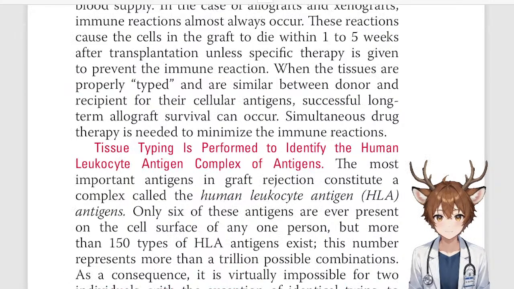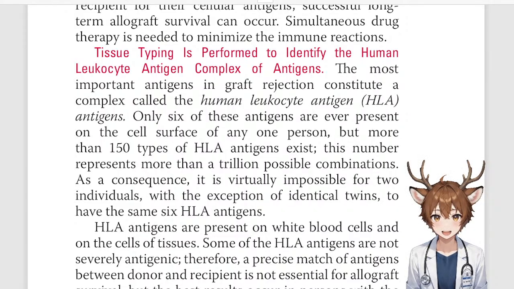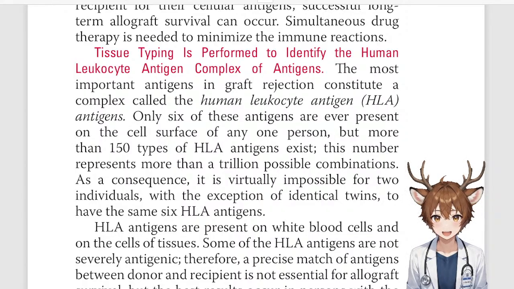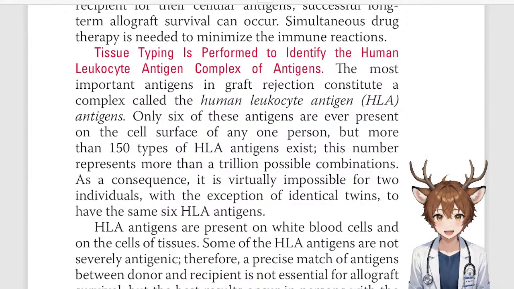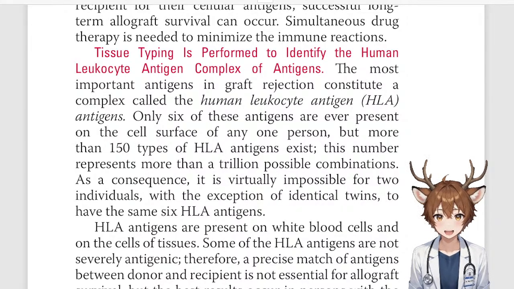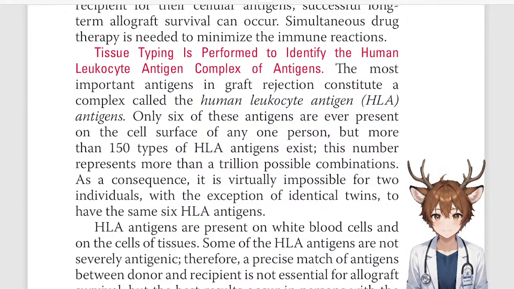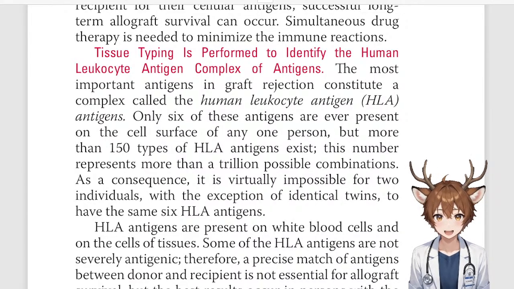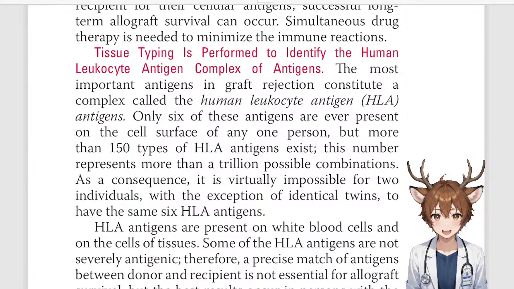Tissue typing is performed to identify the human leukocyte antigen complex of antigens. The most important antigens in human graft rejection constitute a complex called the human leukocyte antigen, HLA, antigens. Only 6 of these antigens are ever present on the cell surface of any one person, but more than 150 types of HLA antigens exist. This number represents more than 1 trillion possible combinations.